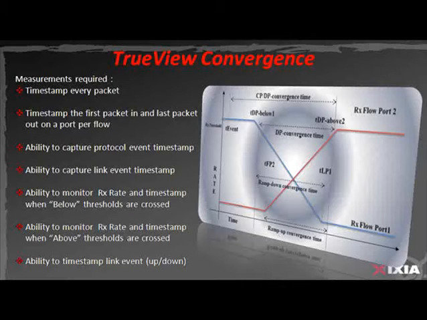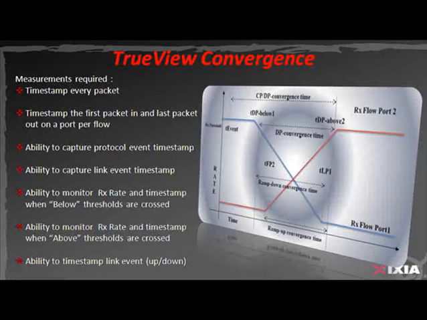In an effort to provide comprehensive measurement of the convergence, several measurements are required from the IxIA side. Every packet needs to be timestamped. We need to timestamp the first packet in and the last packet out per flow per port. IxIA now has the unique capability to capture the hardware-based timestamp on a protocol event. This same timestamp can then be captured on a link event such as a link up and a link down.